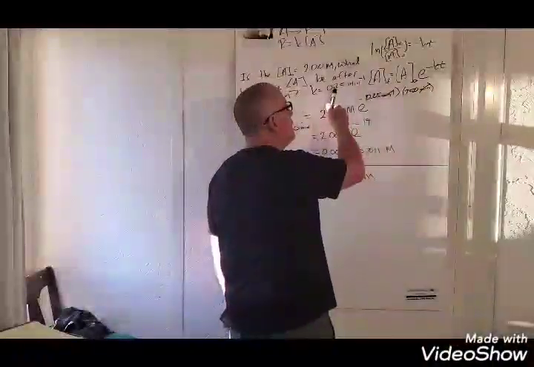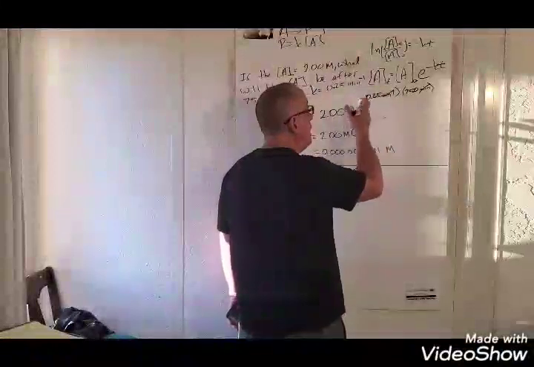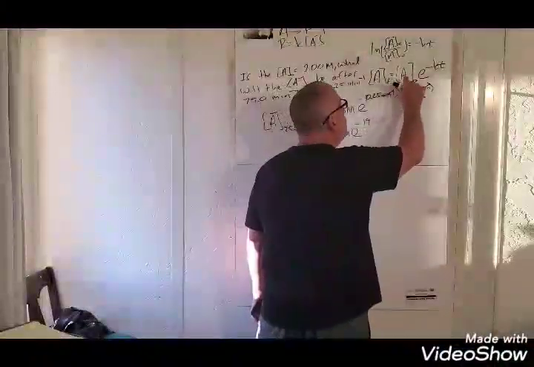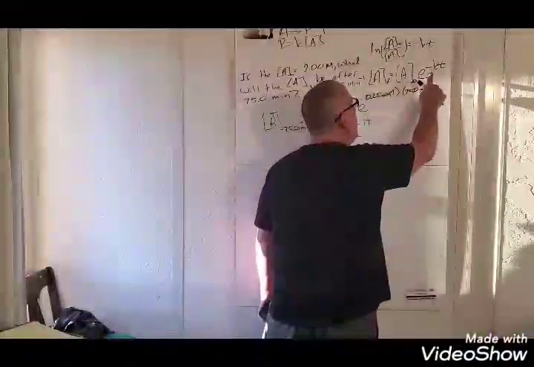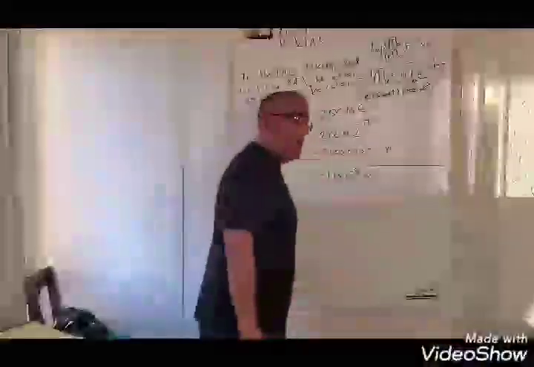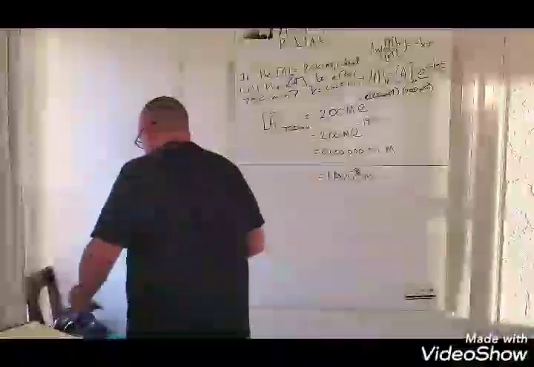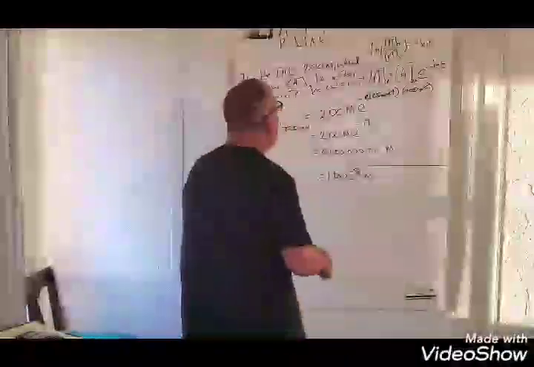And then they gave me K. Well, that means in this problem, I gave you A naught, I gave you K, and I gave you T. I could reword it where I give you this, I give you K, and I give you T, and you solve for A naught. Or I could give you this, give you time, and you calculate K, the rate constant. Okay, you could do that too, right?